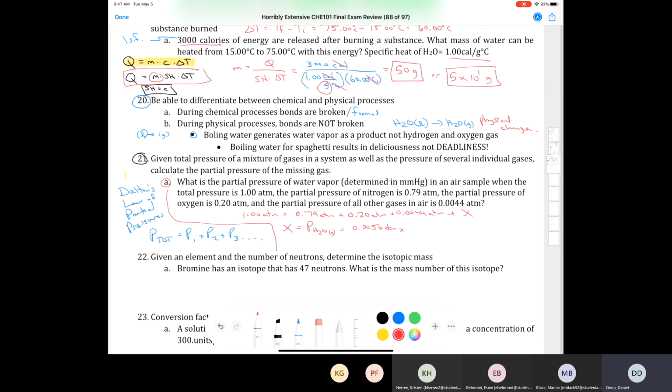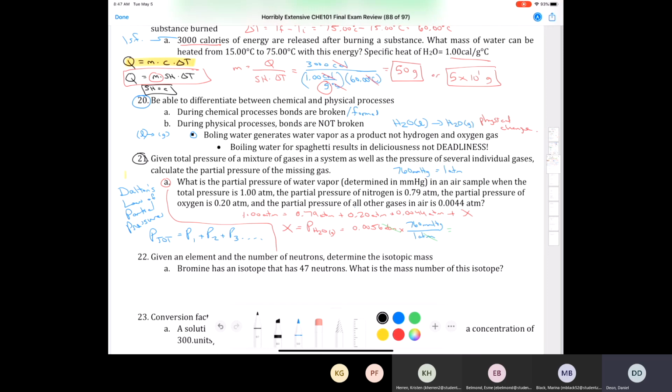Now I think you need to have this conversion factor in your brain. I'm not 100% sure, but I think it's a good idea to know how many millimeters of mercury there are in 1 atmosphere. There are 760 millimeters of mercury in 1 atmosphere, and so we can use that as our conversion factor. Our atmospheres cancel out.